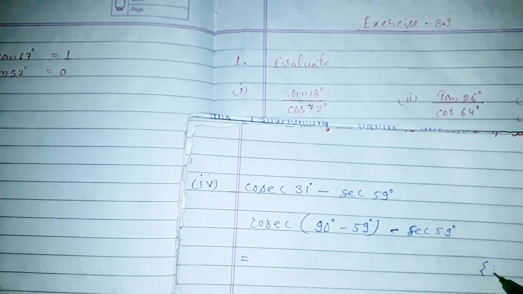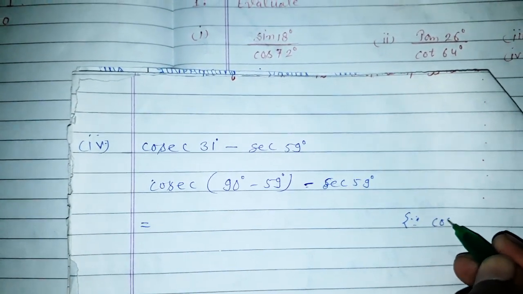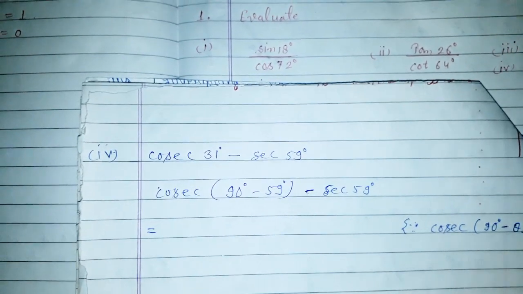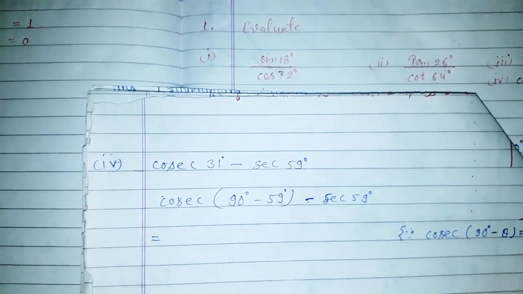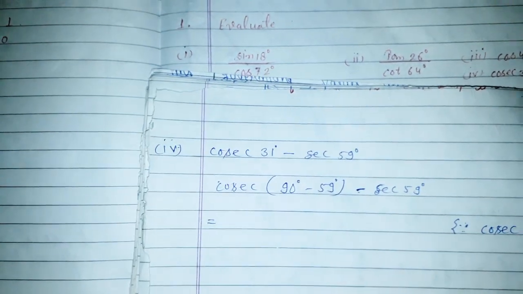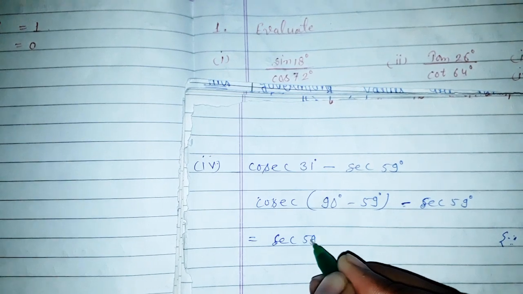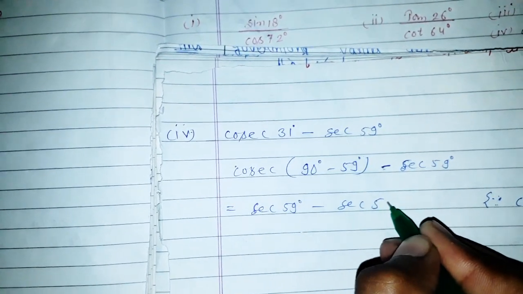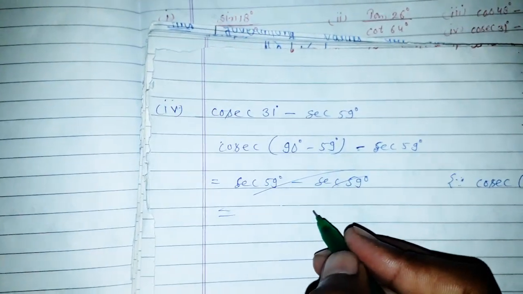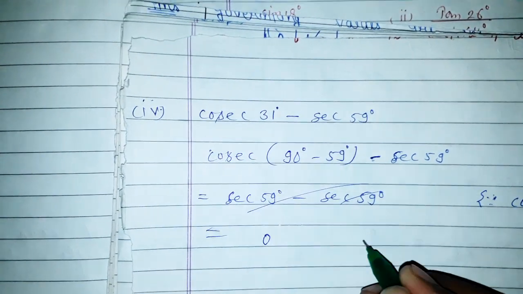Use the formula cosec(90 minus theta) is equal to sec theta. So putting in the value, this is sec 59 degree minus sec 59 degree. Both are the same but the sign is opposite, so the value is 0.